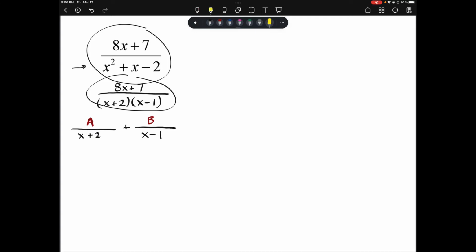So we'd multiply this first fraction by x minus 1 over x minus 1, giving A times the quantity of x minus 1 over x plus 2 times x minus 1. And then for our fraction with the B on top, we need to multiply by x plus 2 on the top and bottom.